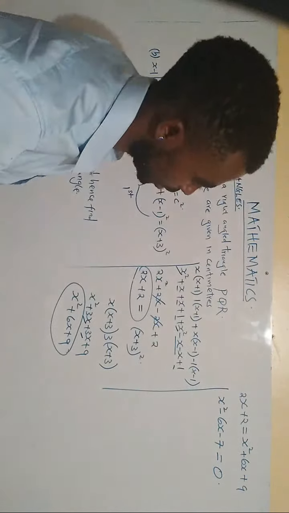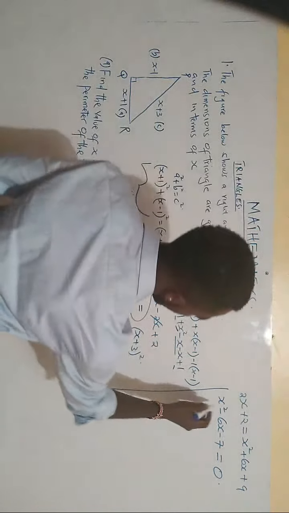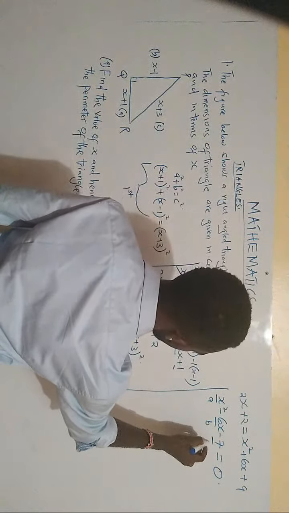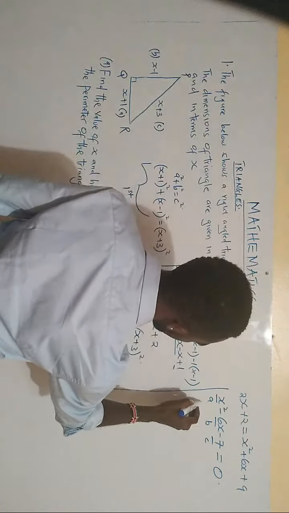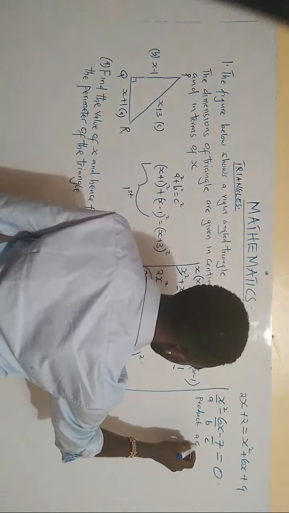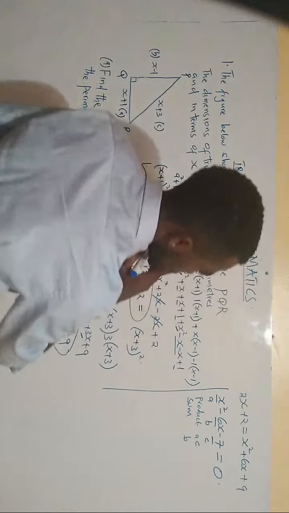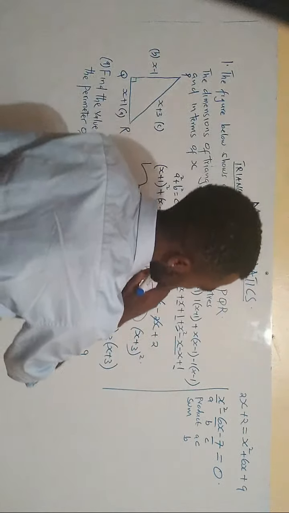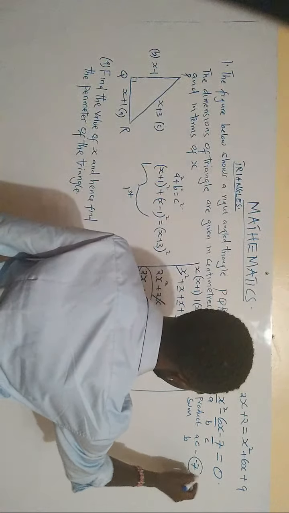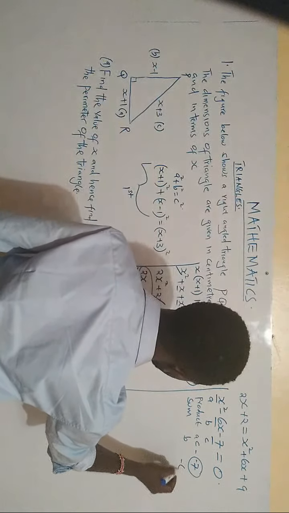Now we read the equation in this form: this is A, that is B, and that is C. We get the product of A and C, and the sum is B. So the product is minus 7 and the sum is minus 6.